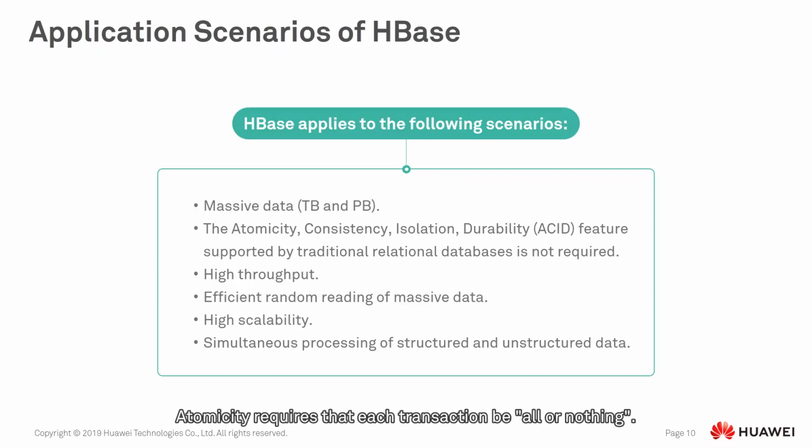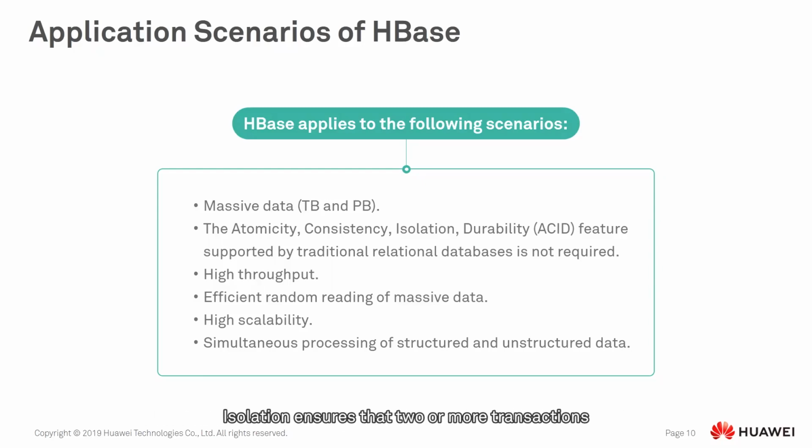Atomicity requires that each transaction be all or nothing. If one part of the transaction fails, then the entire transaction fails. Consistency means that, for example, A plus B equals 10. If a transaction changed the value of A, B must also be changed.